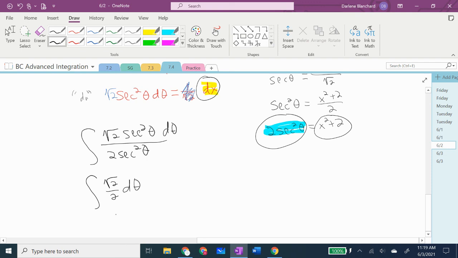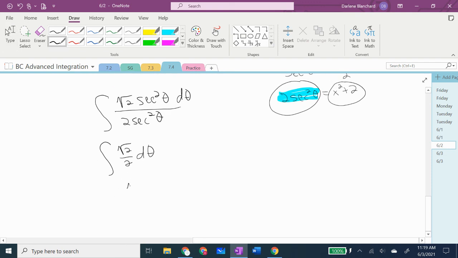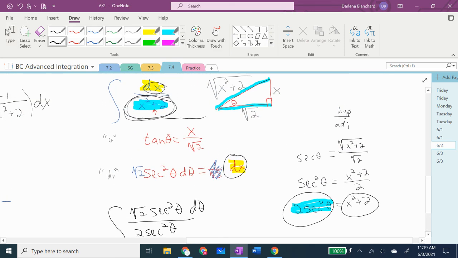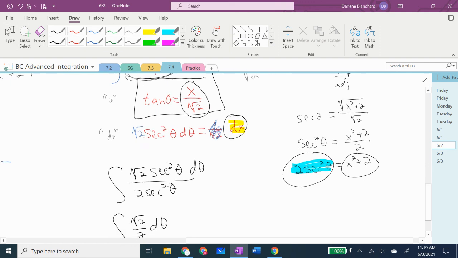When I integrate, I get root 2 over 2 times theta. And then I need to go back to the original variable. If I look at my quote u, then theta is equal to inverse tangent of x over root 2.